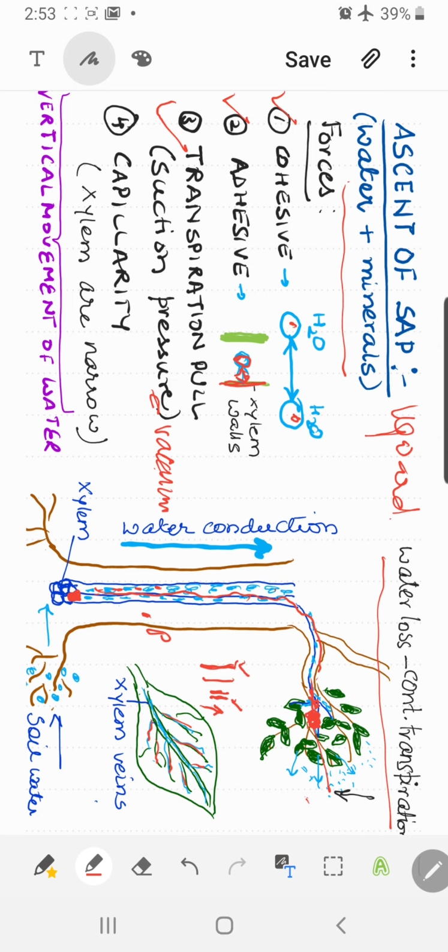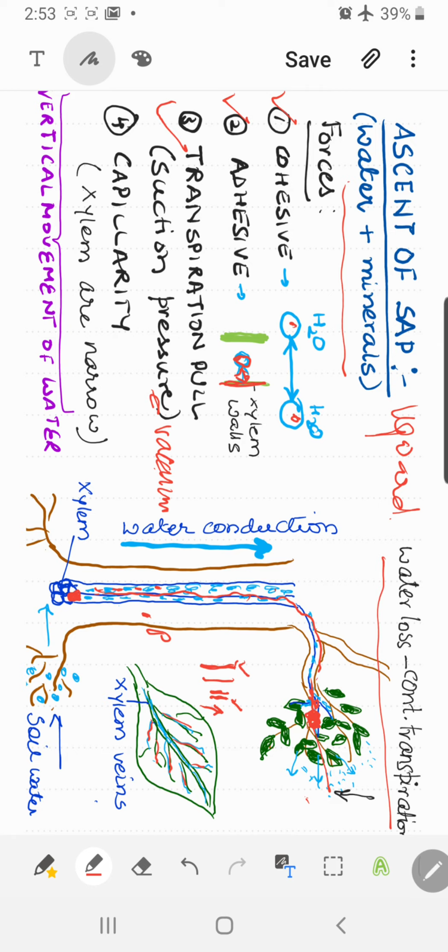I can give you an example for this. If you have straws with which you drink cold drinks, one is a thin straw having narrower area of cross section, the other one is quite wider. If you keep those straws in different soft drinks, you will see that the liquid rises in the narrow straw much higher than in the wider straw.